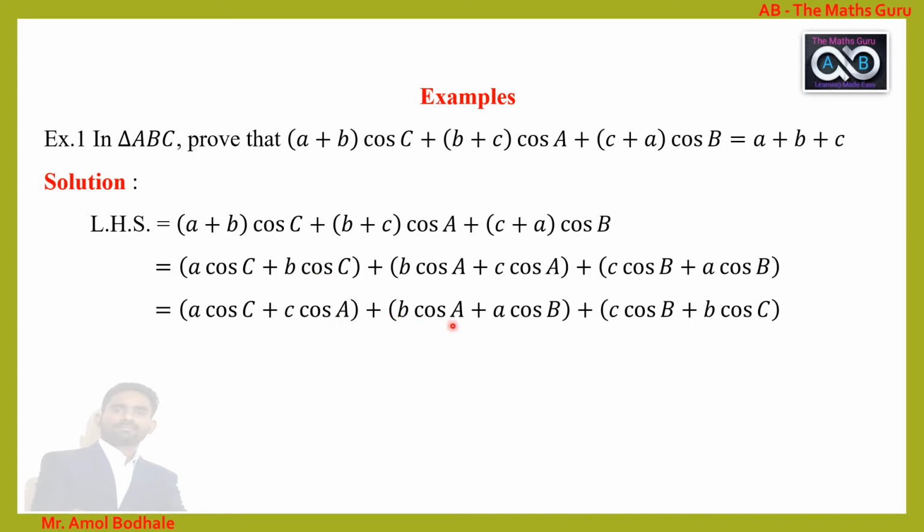Next term b cos A, we will arrange with a cos b by interchanging the angle and side, plus c cos B plus b cos C. Now by projection rule, a cos C plus c cos A can be replaced by b. b cos A plus a cos B can be replaced by c. c cos B plus b cos C is replaced by a.